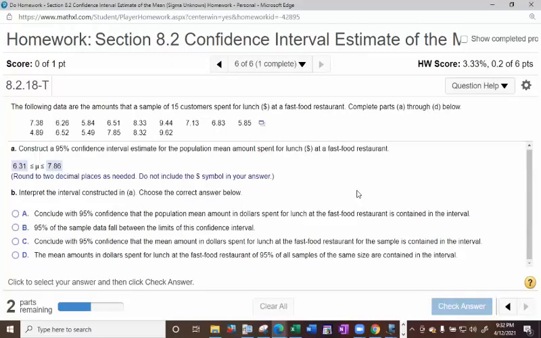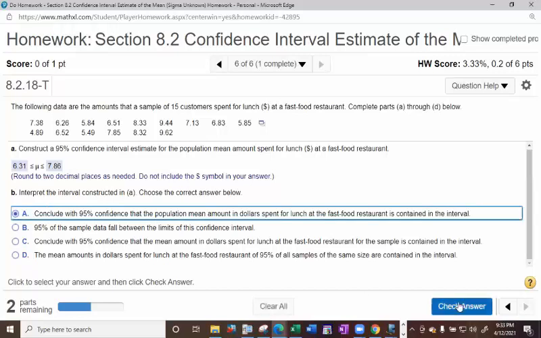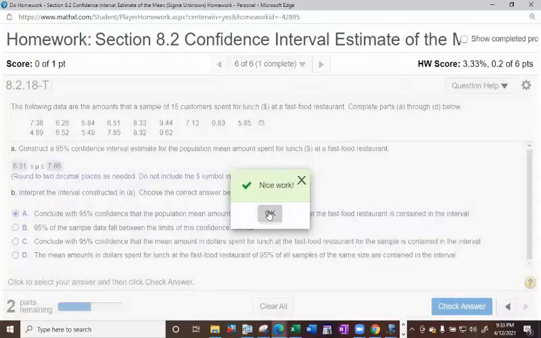A. We're concluding that we have 95% confidence that the population mean is in that interval. C is referring to the amount for the sample. That goes back into that other problem with the credit hours thing we did before in the last section. Yeah, we know the sample's in the interval, but we're doing it to estimate the population. Yay.